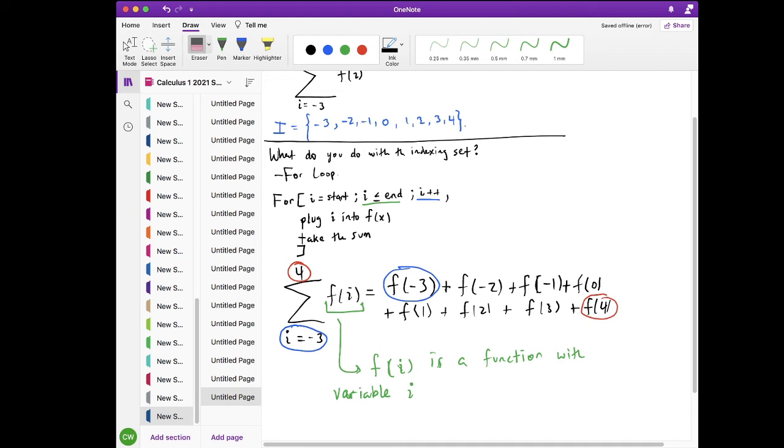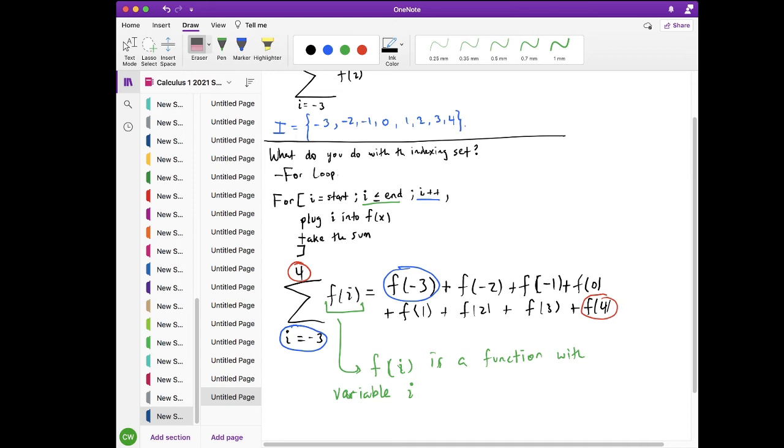You don't have to do integers. You can start from, say, i equals 0.5, and you could probably define some weird way. I know there's other symbols for it, but they're rarely used. There are other ways you can identify how you iterate. You can iterate by fractional values, but if none of that is described, it's always adding one.